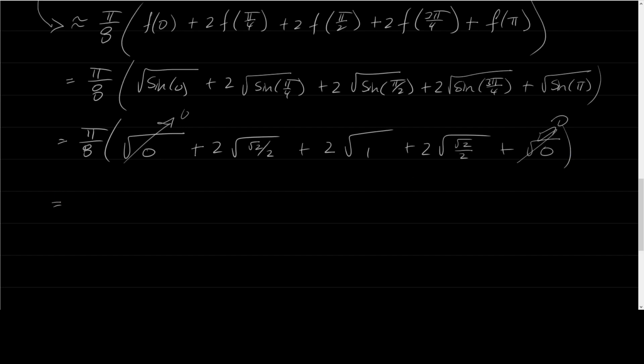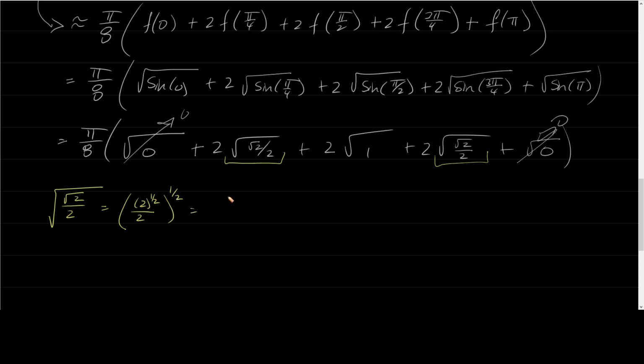We still have this pi over 8 left. Let's look at that expression for a second before I start writing things here. I'm going to do it in a different color, because I have this expression twice, that radical. So we have the square root of the square root of 2 over 2. This is saying 2 to the 1/2 over 2, and all of this to the 1/2.